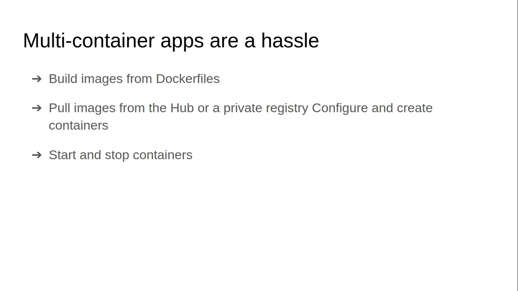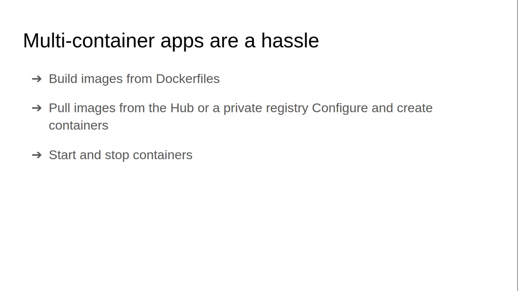But if you see the structure of the docker run command, there is no way through which we can start multiple containers. Or let's say I want to build multiple images at the same time.